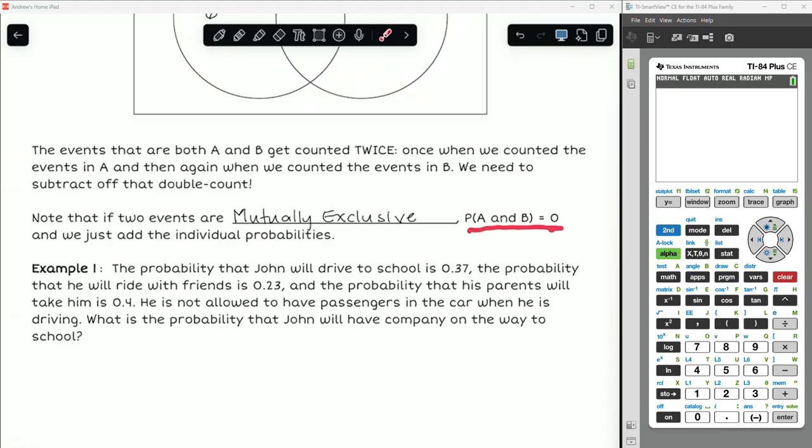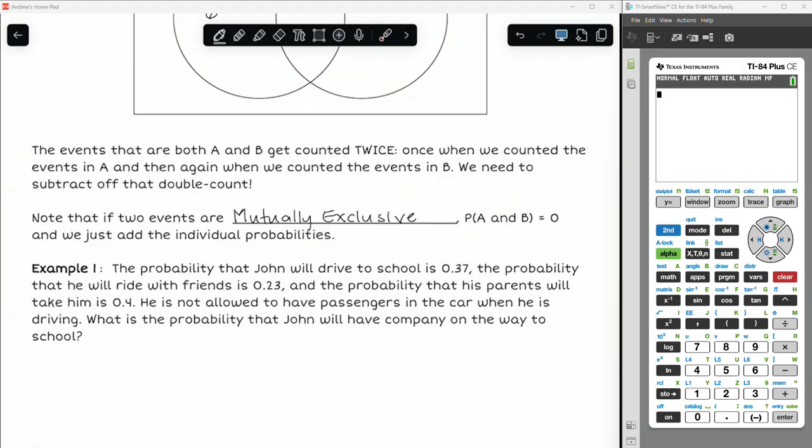This is one way to check that two events are mutually exclusive. If the probability of both happening is 0, that tells me they meet the requirement for mutually exclusive. So this works both ways. If I know they're mutually exclusive, P(A and B) is 0. If I know P(A and B) is 0, they must be mutually exclusive.